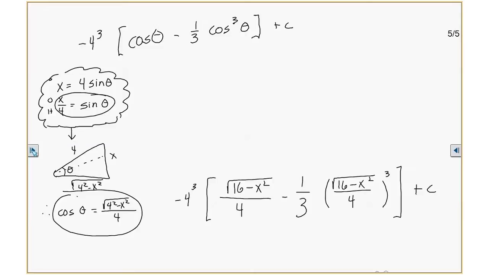And that is the antiderivative of what we started out with. We find it. The antiderivative of x cubed over 16 minus x squared dx.